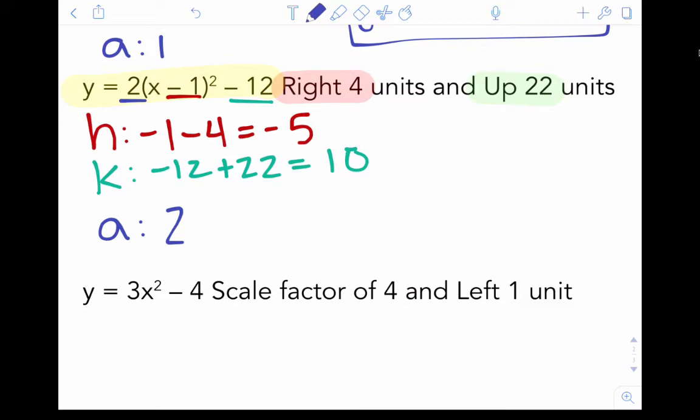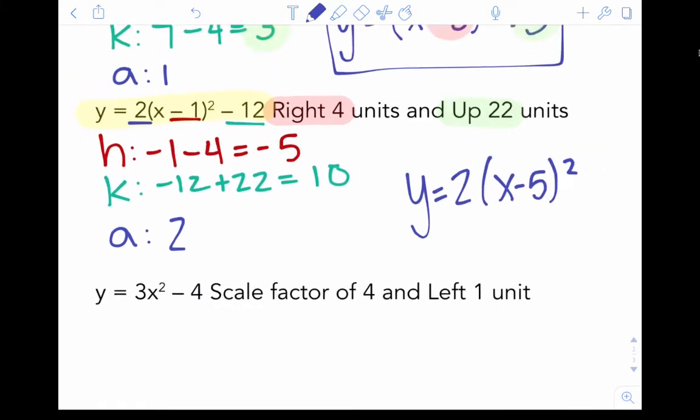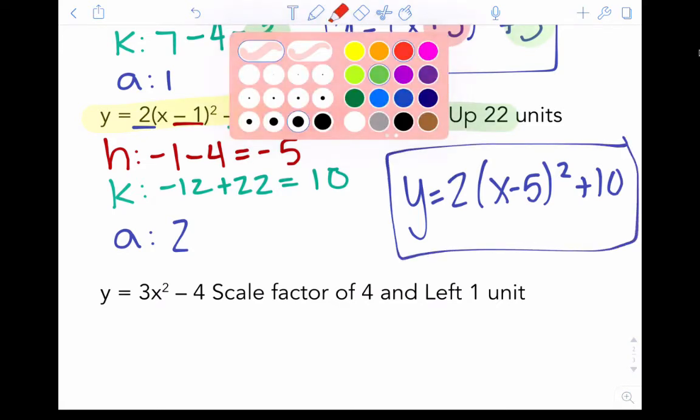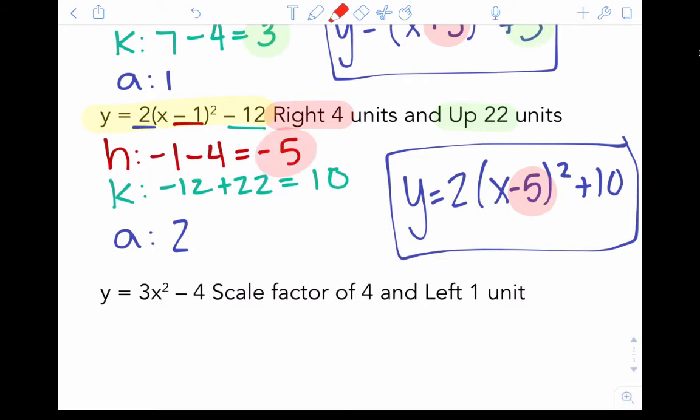So this equation is y equals 2 times the quantity x minus 5 squared plus 10. Once again, that minus 5 comes from the h, the plus 10 comes from the k, and that 2 comes from the a. That did not change.